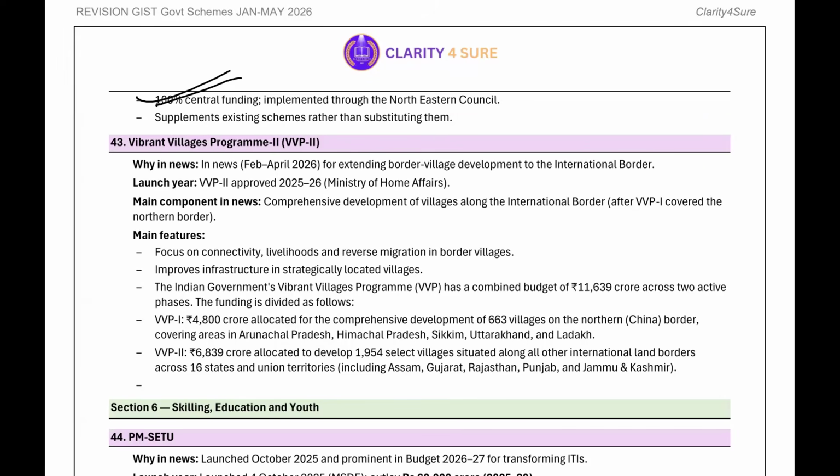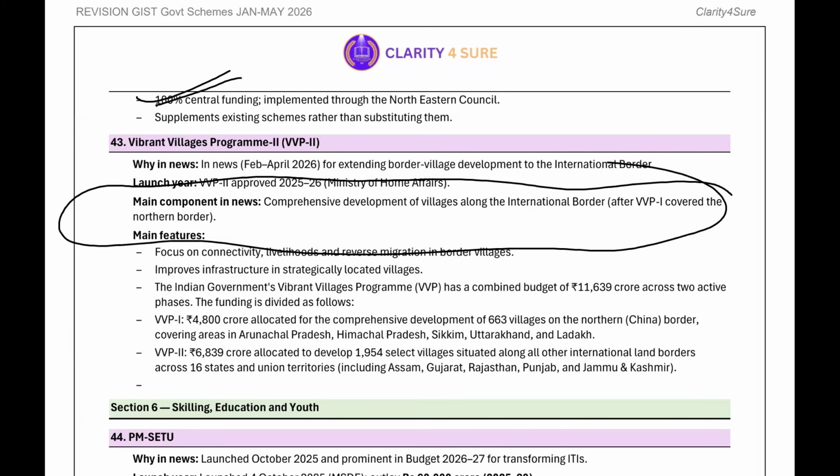Second, it provides infrastructure improvement. Third, it provides reverse migration, and it is also giving strategic border strengthening. This is all about the Vibrant Villages Programme 2, that is VVP 2.